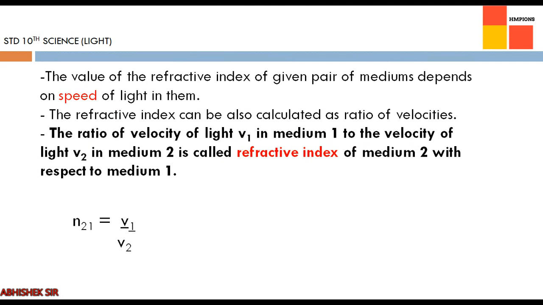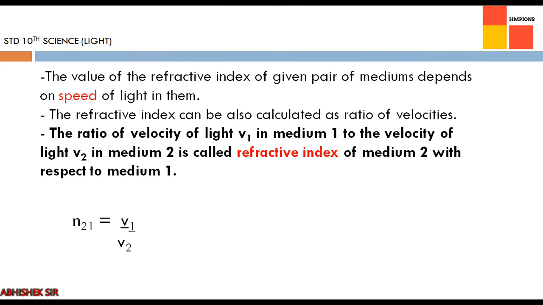Suppose v1 is the velocity of light in medium 1 and v2 is the velocity of light in medium 2. So what is the refractive index of medium 2 with respect to medium 1? It is eta 21 equals v1 upon v2. What is that small n? It is not actually an English alphabet. It is a symbol which is called eta.